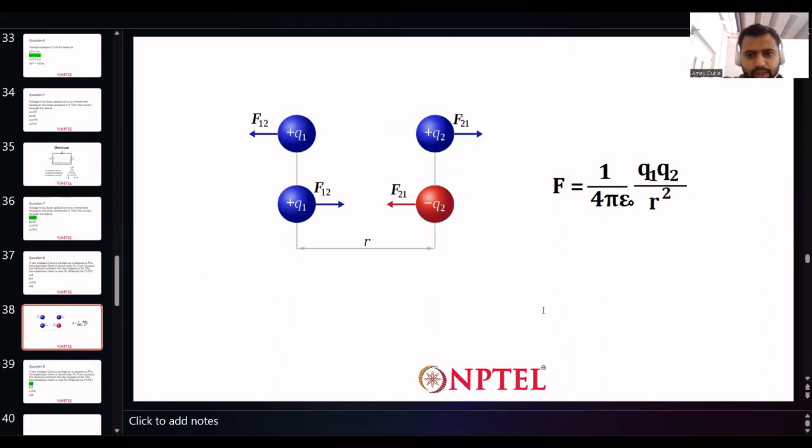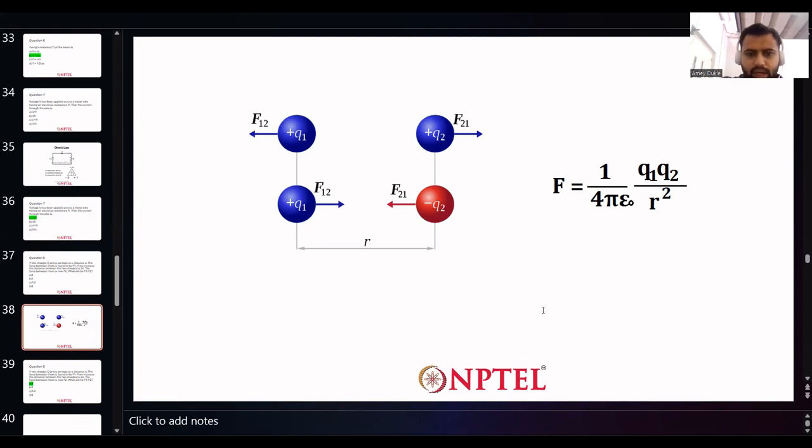So basically, when two charges are kept apart, if they are like charges, they'll repel each other. If they are unlike charges, they'll attract each other through a force. The force relation between them is given by the equation 1 by 4 pi epsilon naught q1 q2 upon r square.